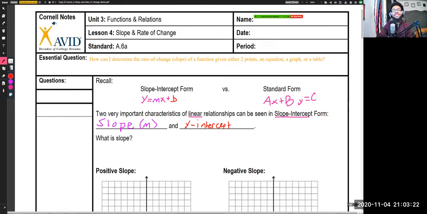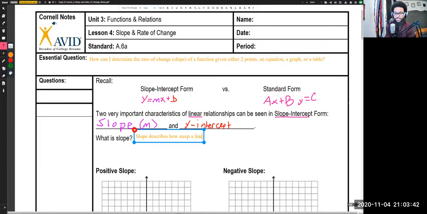So once again, what is slope? We've talked about slope-intercept quite a bit, and we're getting more into it now. So let's go ahead and get a definition for slope. Slope describes how steep a line is.